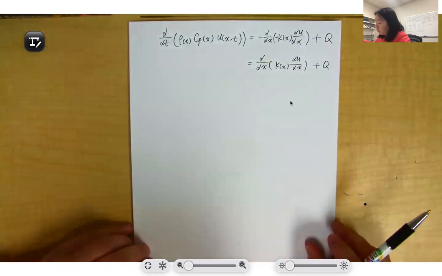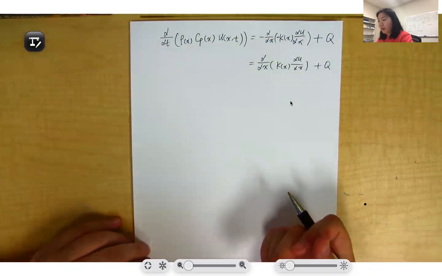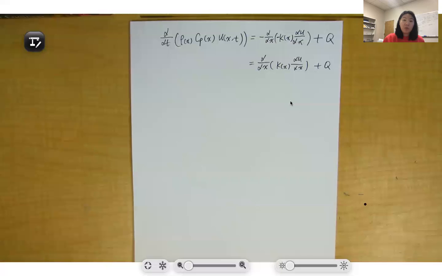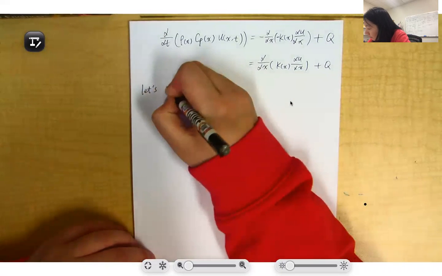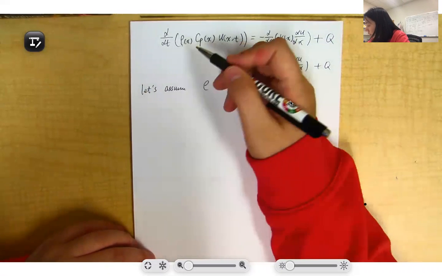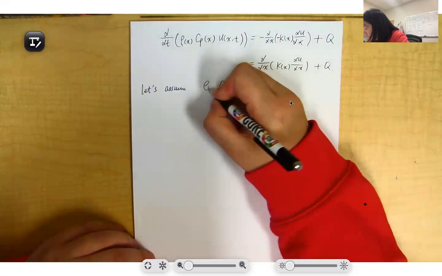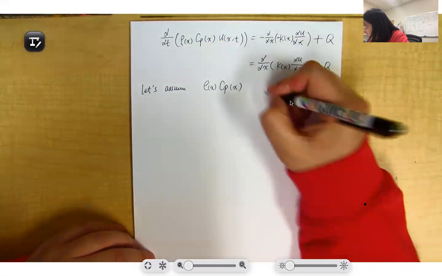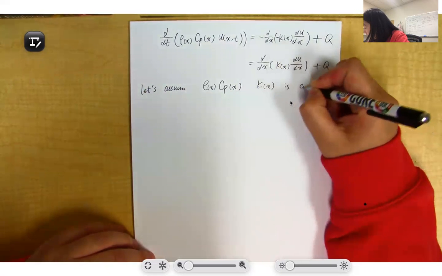And let's make some assumptions, as we usually do from the engineering perspective, though sometimes you have to think about whether the assumption is valid or not. But for simplification, let's assume my rho, the density of the material, the Cp, the heat capacity of the material, as well as the heat conductivity of the material, are constant.